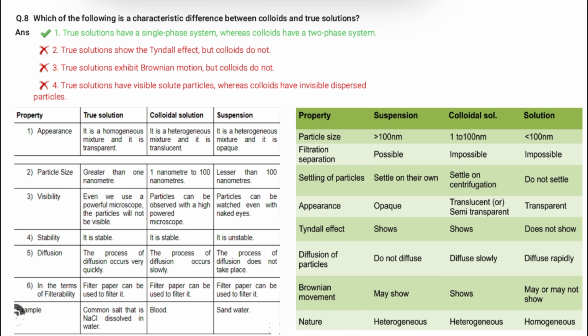Question number 8. Which of the following is a characteristic difference between colloids and true solution? Let us see the differences. A true solution is a homogeneous mixture and it is transparent, whereas a colloidal solution is a heterogeneous mixture and it is translucent. A suspension is a heterogeneous mixture and it is opaque.